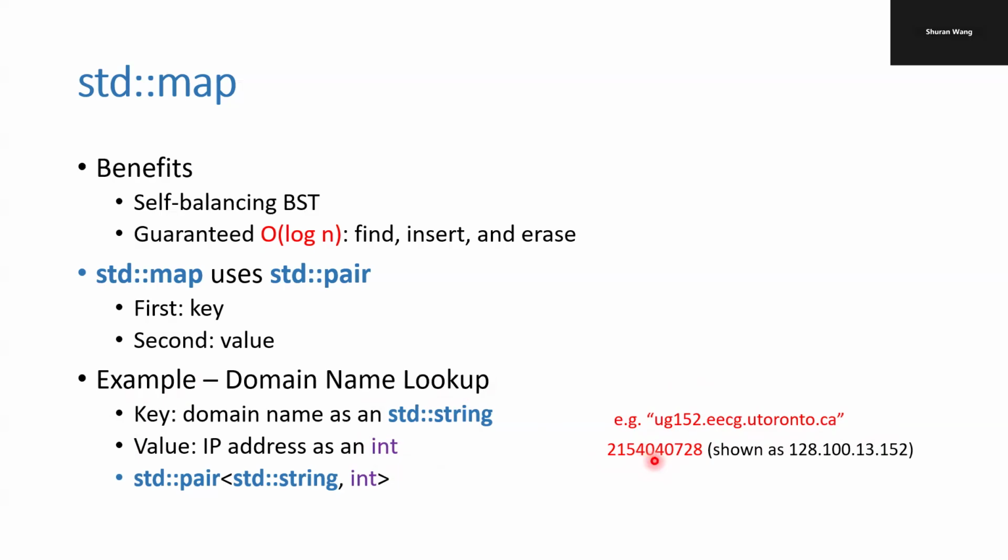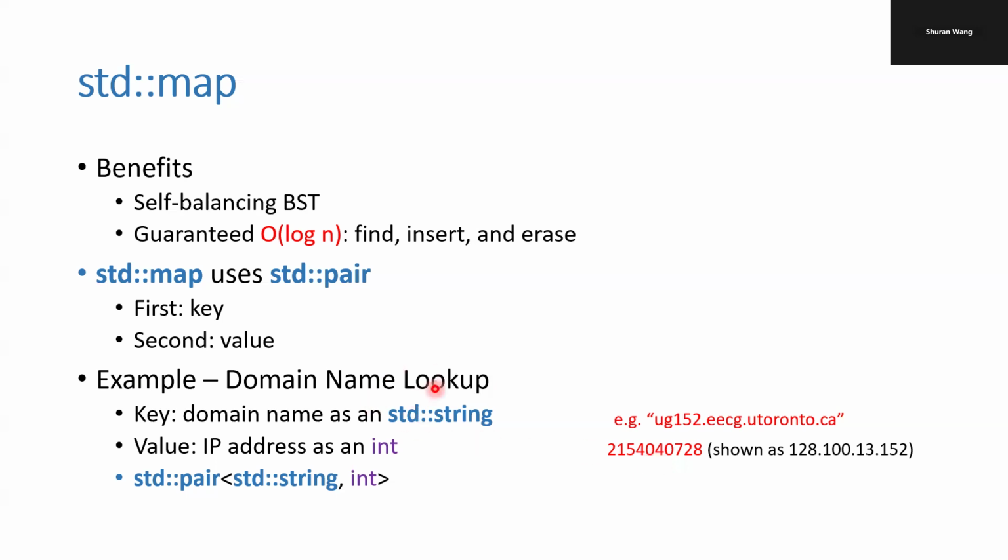Is this making sense? So your browser needs an IP address to send requests. But if you type in something like google.ca, your browser doesn't know which IP address to go to. So it will first go to the domain name server to ask for the IP address.